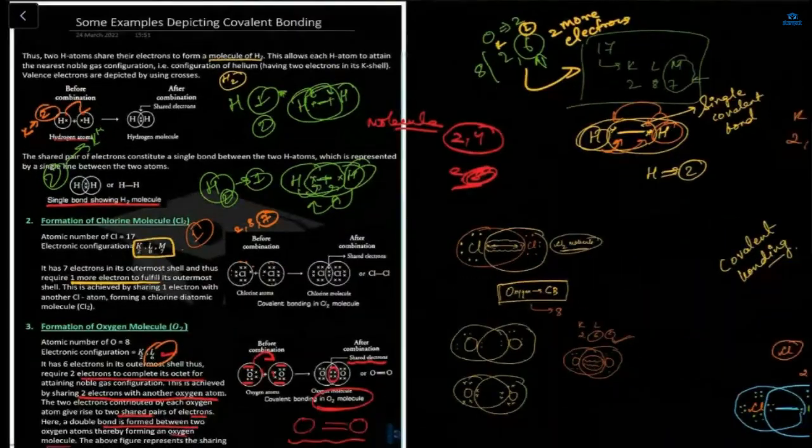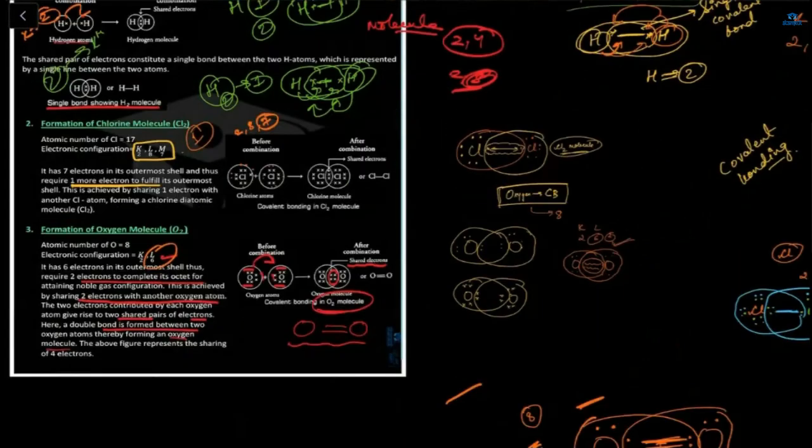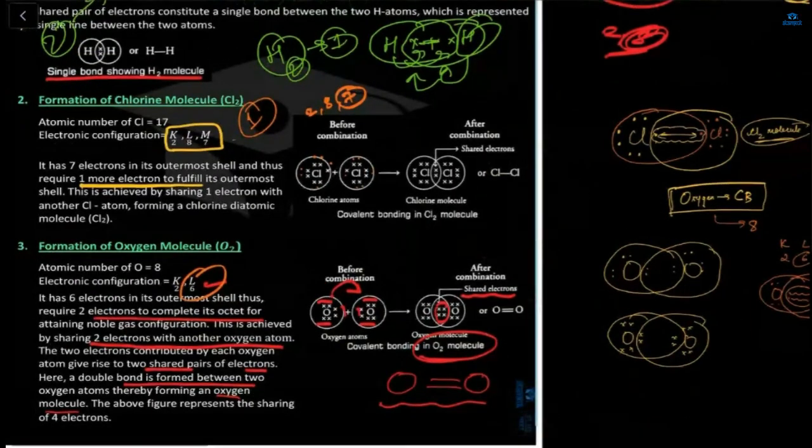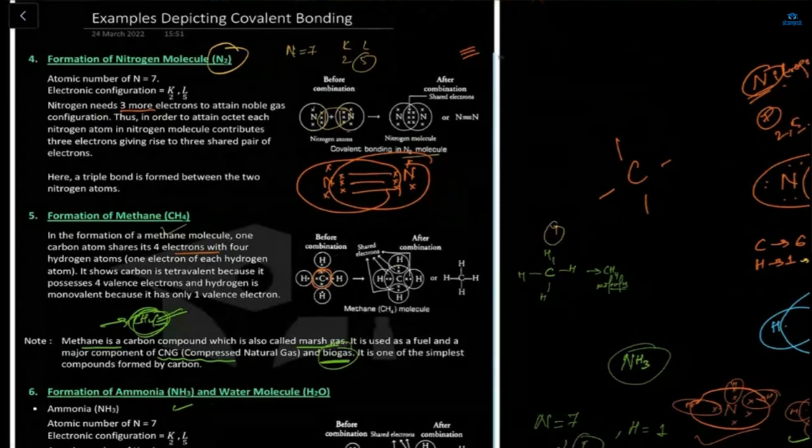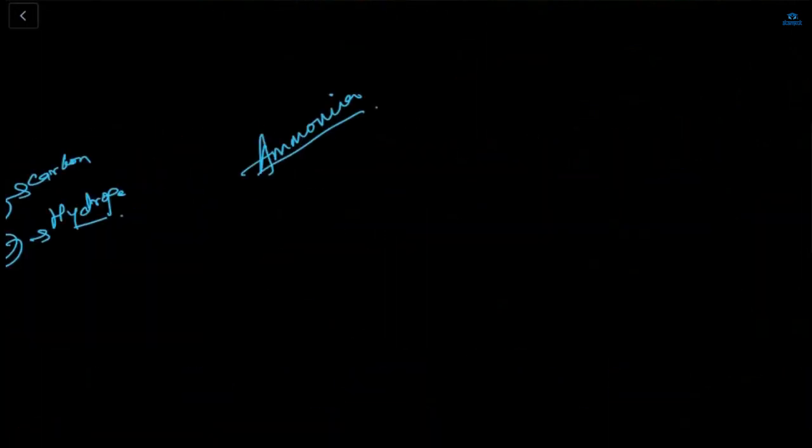Related to covalent bonding, we have discussed a lot of examples: chlorine, Cl2, oxygen, O2, nitrogen, methane, ammonia. Try making the covalent bonding of ammonia once again.